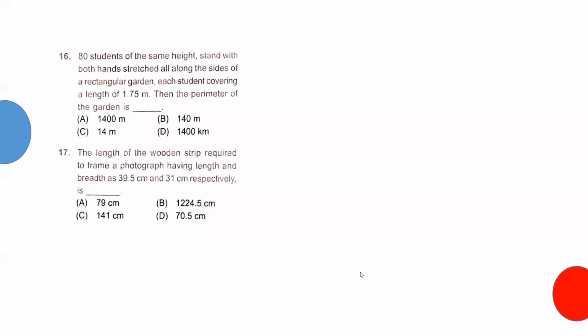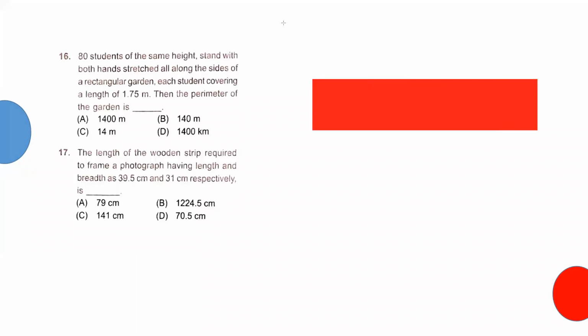Right, everyone? Now, when you see this question, you just need to understand the logic of the question, then you will be able to get it. This is saying there are students and they are stretching their hands like this. Both hands will be equal, right?